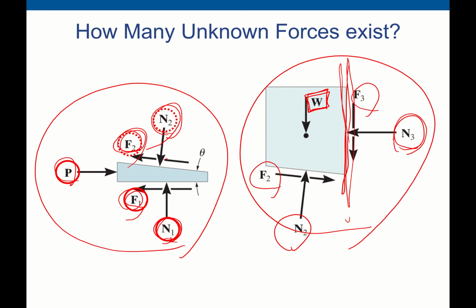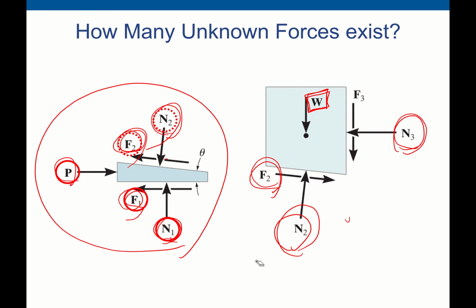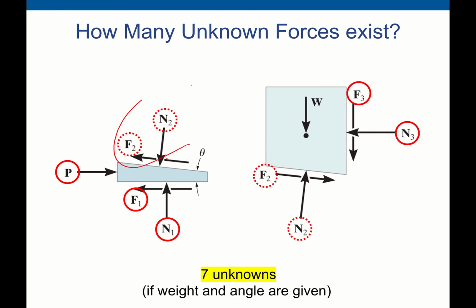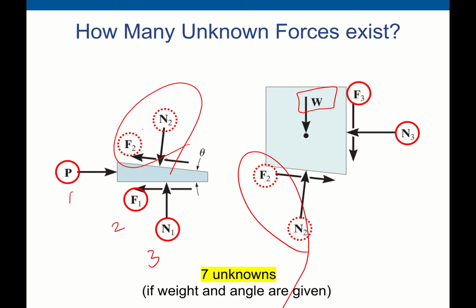There is a normal force, a frictional force, and a normal force. But force 2 and normal force 2, these two forces are the same. So let's say we already know the weight of the box. That means we have a total of 7 unknowns: 1, 2, 3, 4, 5, 6, and 7.